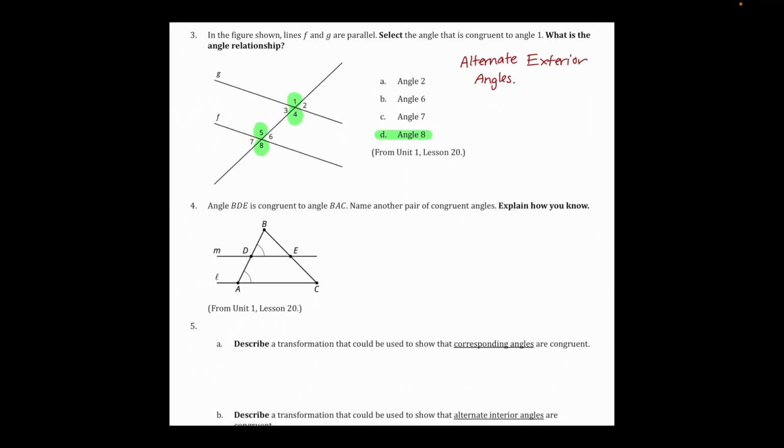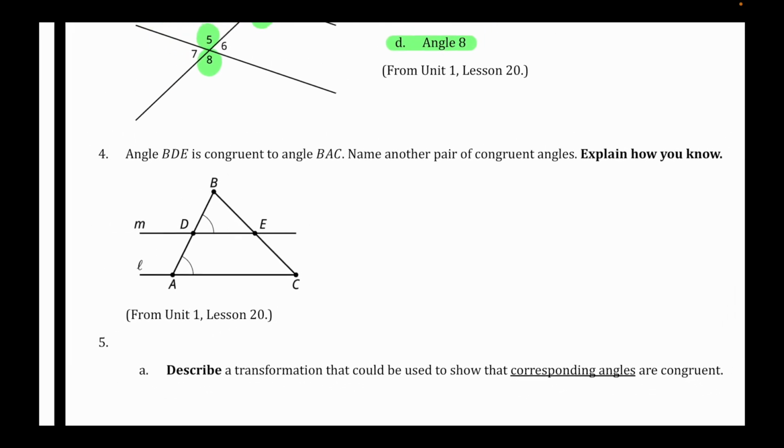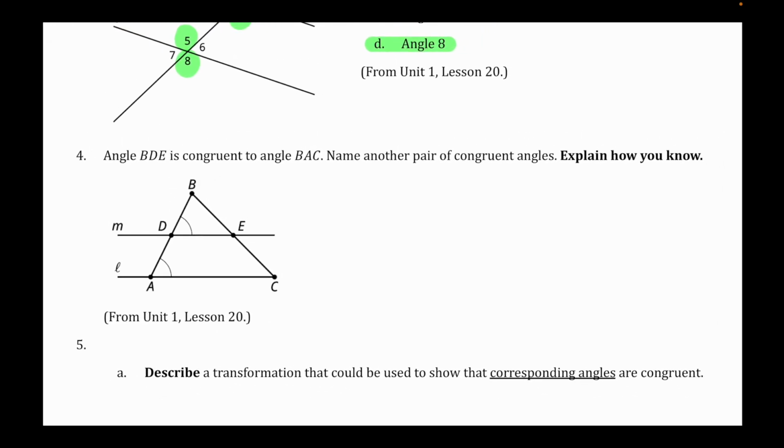Okay. For question 4, we're looking at some congruent stuff, and we're going to name pairs of congruent angles and explain how we know. So BDE, that's the marked angle, is congruent to BAC. That's given to us.